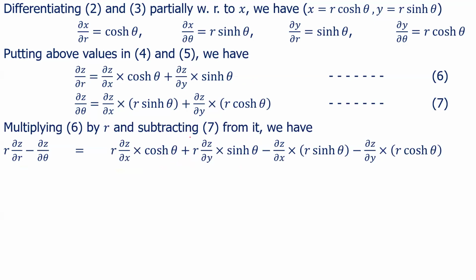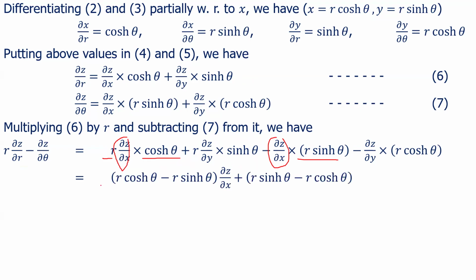Now let us take del z del x outside. What is remaining is r cosh theta minus r sinh theta.